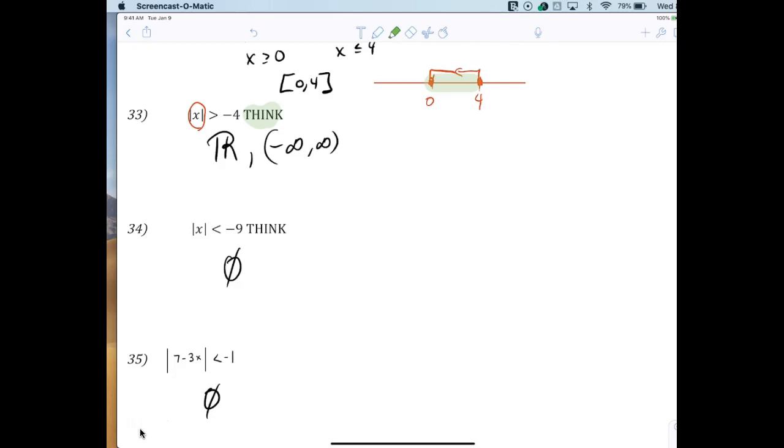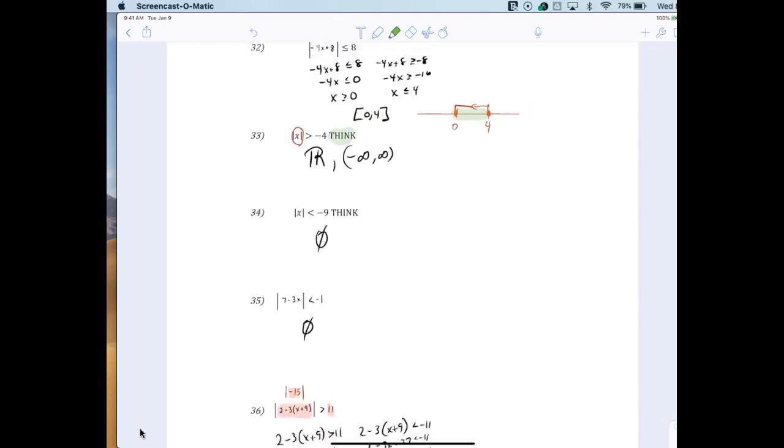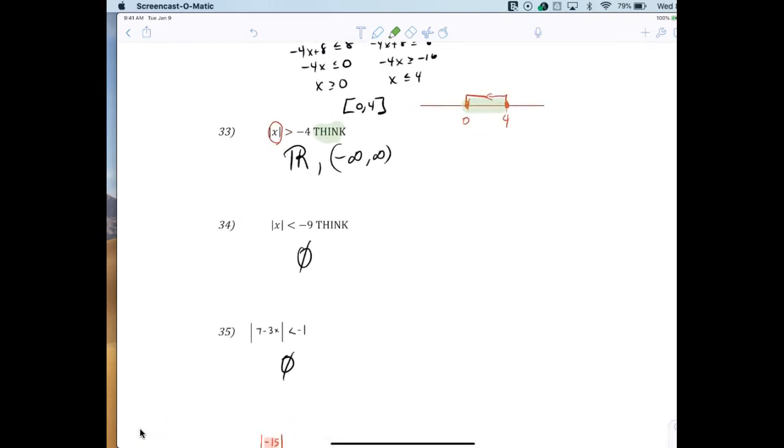So if you want to make a better grade or you want to do better, I promise you, do the review 3 times. If you can do it once flawlessly, then you're going to make 100 on the test. If you make mistakes, do it again.